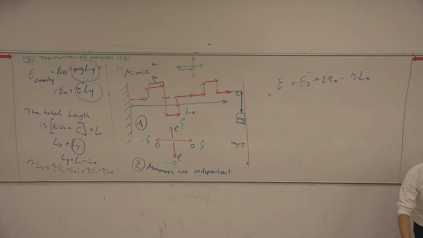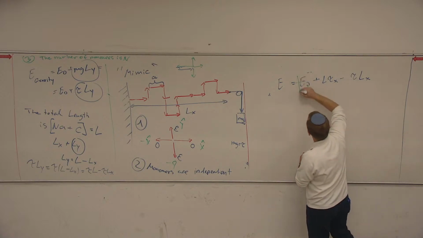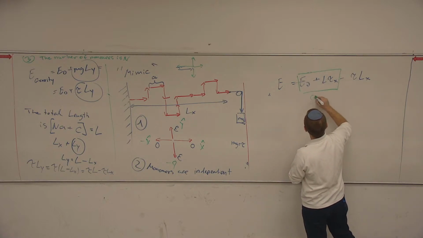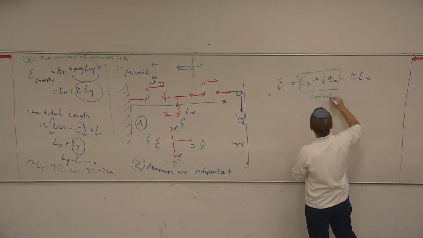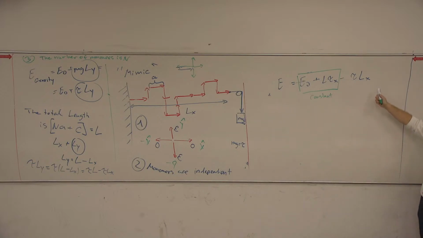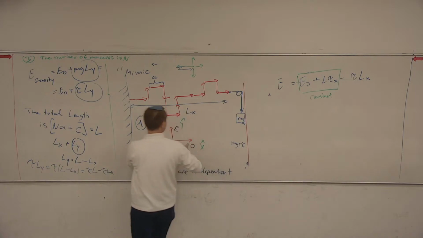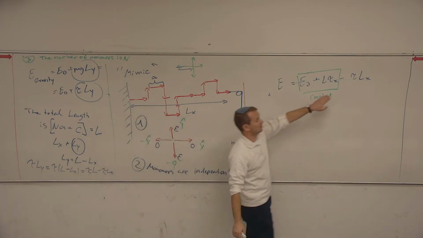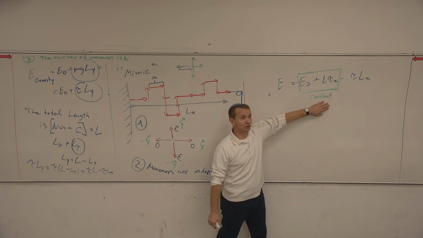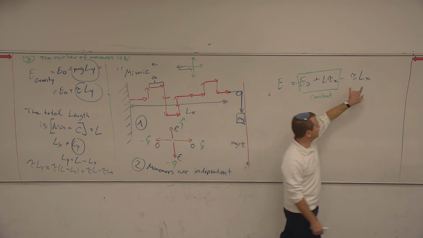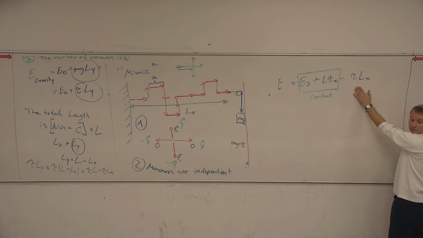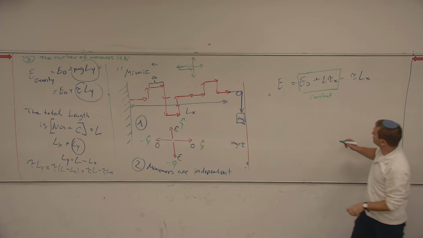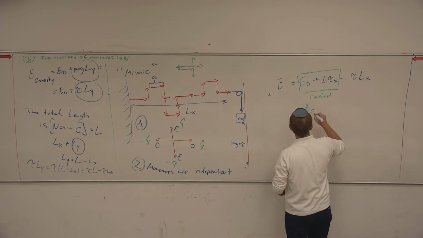This is a constant. And anything that depends on the number of monomers that are lying in those directions is only this part. I don't care about the constant energy. I only care about the non-constant term.